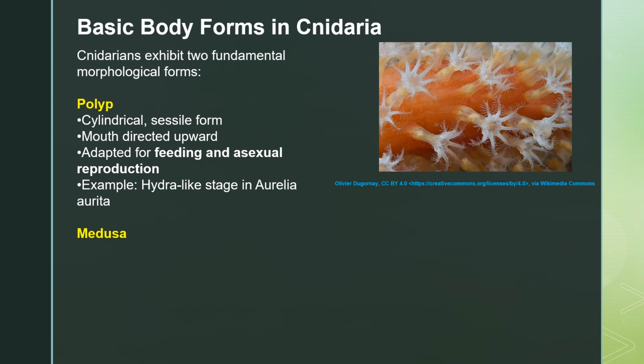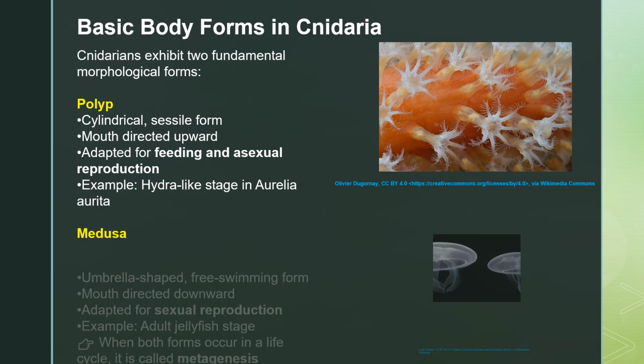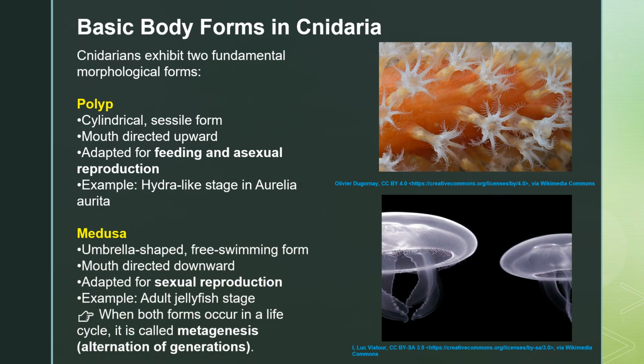Examples are Hydra and the polyp stage in Aurelia. Medusa forms are umbrella-shaped, free-swimming forms, the mouth is directed downwards and they are adapted for sexual reproduction. Examples are the adult jellyfish stage.